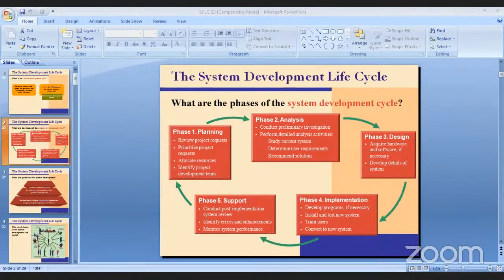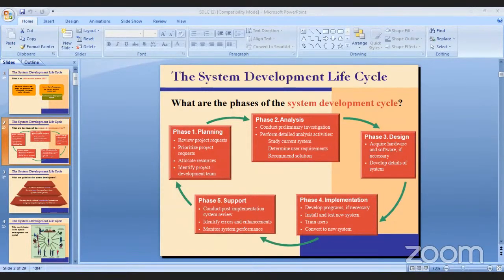Then the last activity done in phase 5, the support phase, is to monitor system performance. System performance is essentially required and it should be continuously monitored. Then only the system performance can be enhanced.